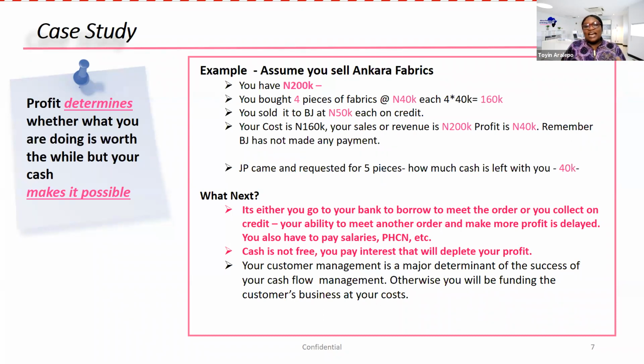And let's even assume that he got the loan from the bank. Remember that his initial 40,000 naira profit is going to reduce by the amount of the interest he needs to pay. So customer management, cash management determines the success of your business. So you can't even joke with it.